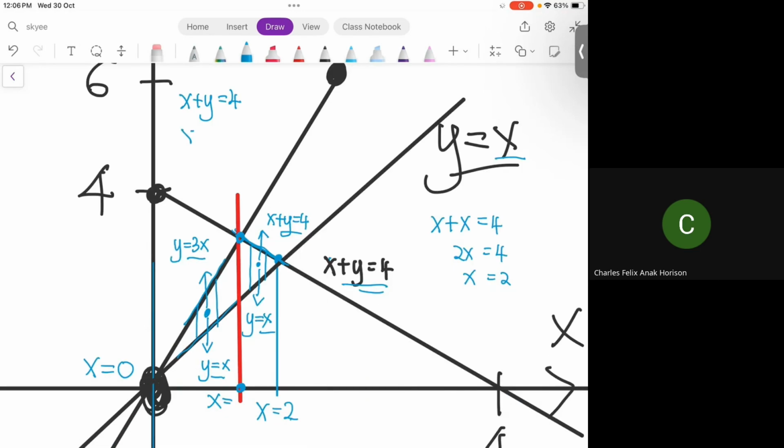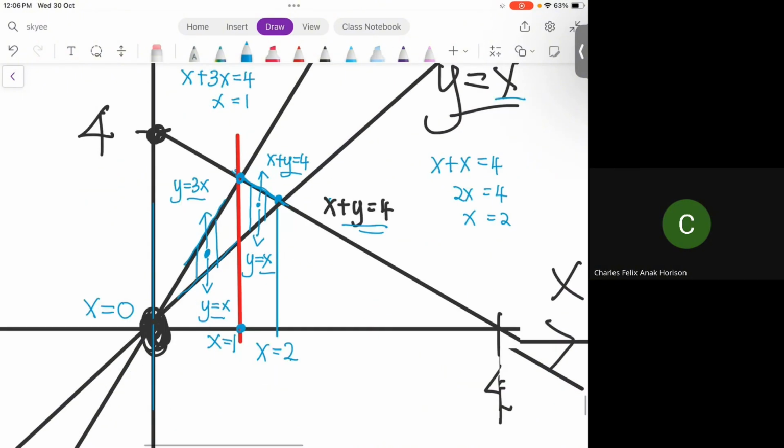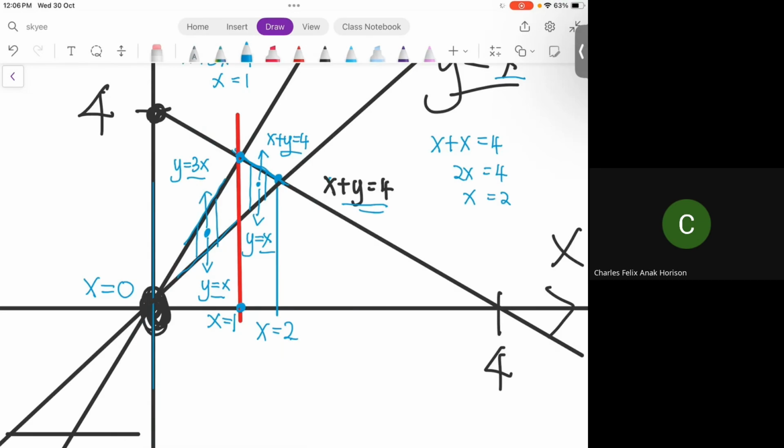So it's x plus 3x equals to 4. So your x will be equals to 1. So this position will be equals to 1. So for region at the left, you will be swapping from 0 to 1. And region at the right will be from 1 to 2.